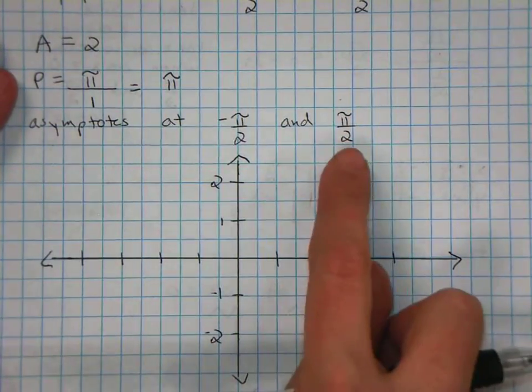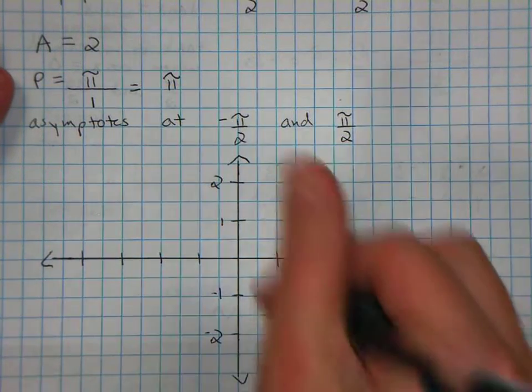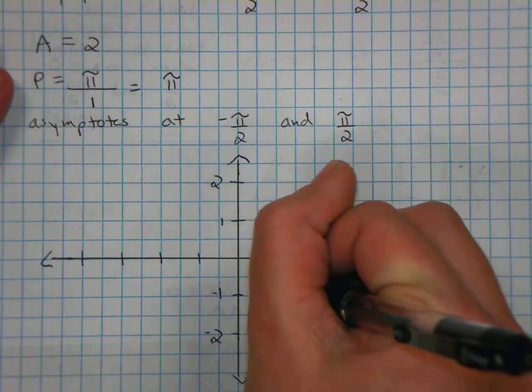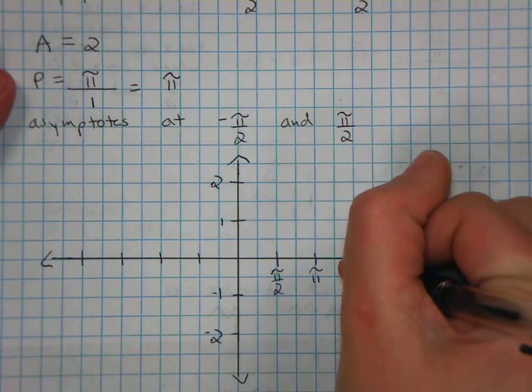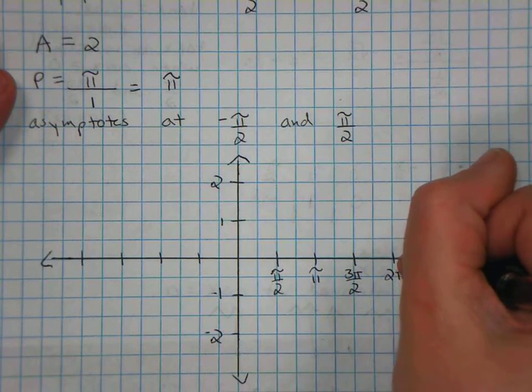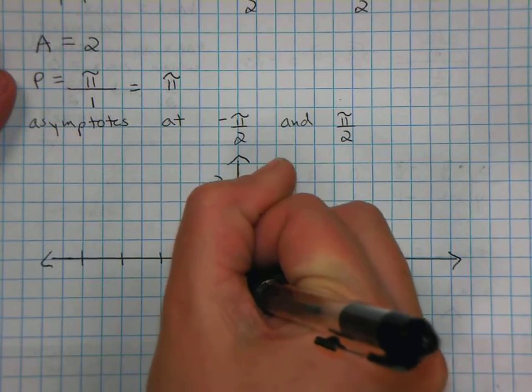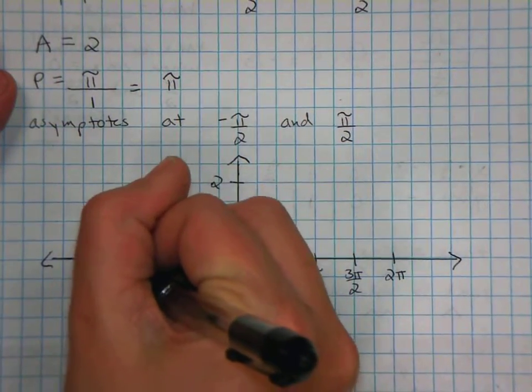Again, I'm going to use wherever my asymptotes are located as what I'm going to count my axis by. So I am going to count by pi over 2, so that'd be 1 pi over 2, 2 pi over 2 would be pi, 3 pi over 2, and then 4 pi over 2 would land me at 2 pi. So again, this is going to have that same layout that we're comfortable with from our parent graphs.